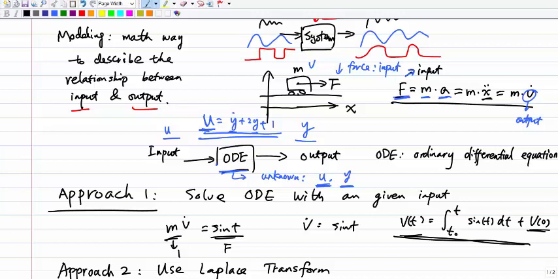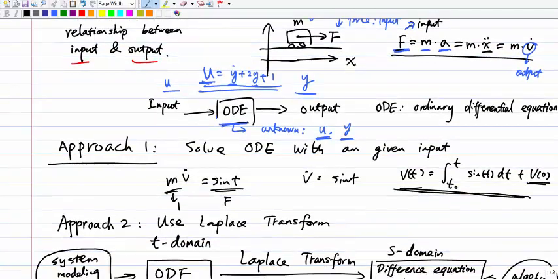One limitation of the approach is that a lot of times it's not easy to solve the ODE, because it involves derivatives and is very difficult to solve. Another popular approach, developed many years ago, is called the Laplace transform approach. The idea of the Laplace transform approach is as follows.